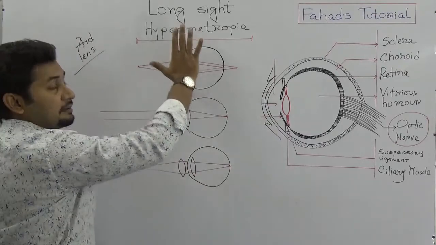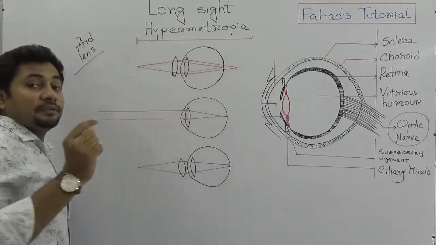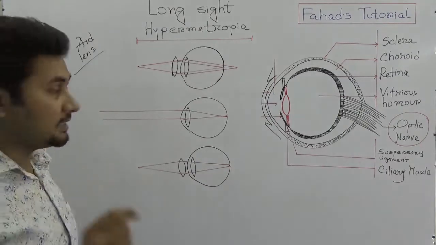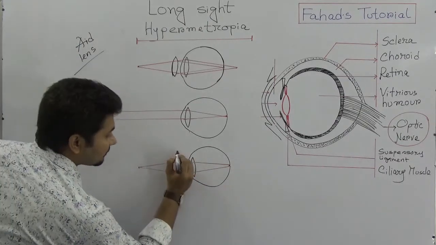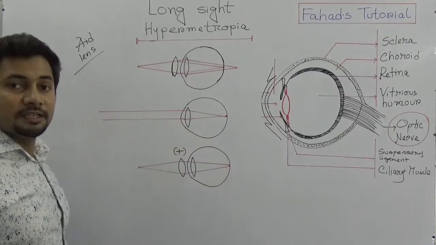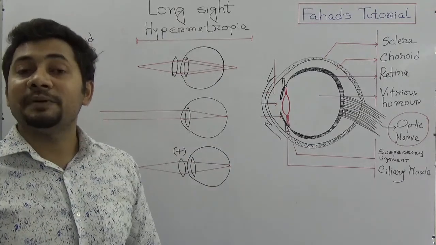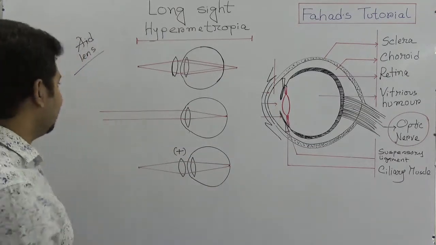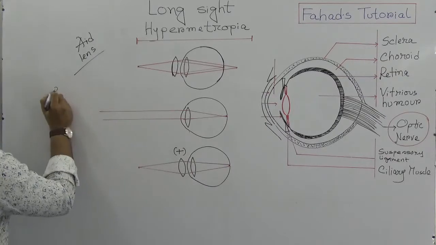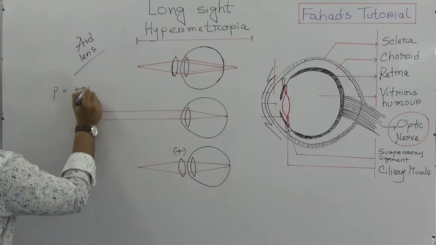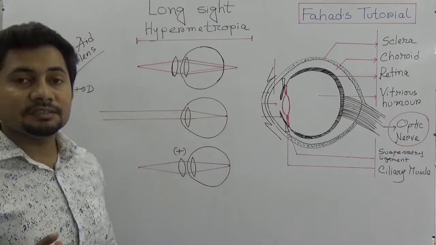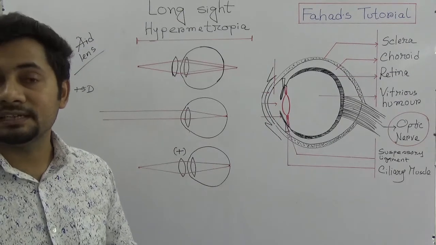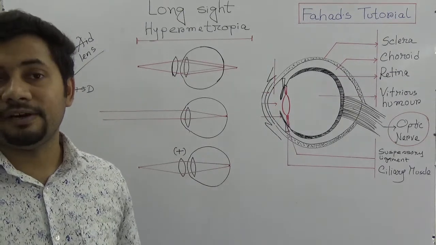So in case of a hypermetropia patient, they will use the convex lens, as the power of the convex lens is positive. So as an aid lens, as spectacles, suppose the power is +5 diopter. It means that someone is using spectacles whose power is +5 diopter.